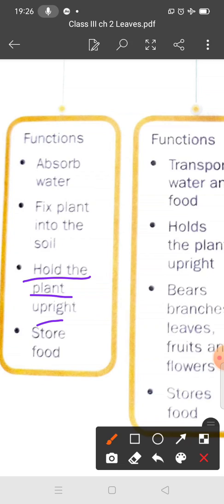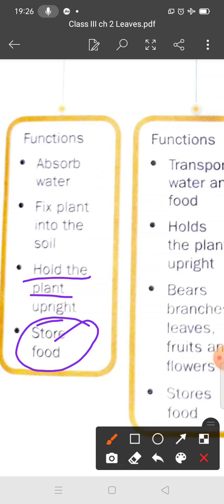And you know student, in some plants they store food that is eaten by us, so they are the edible roots. Some roots of the plant store food that is eaten by us. For example, radish, carrot, and beans are roots that are eaten by us.